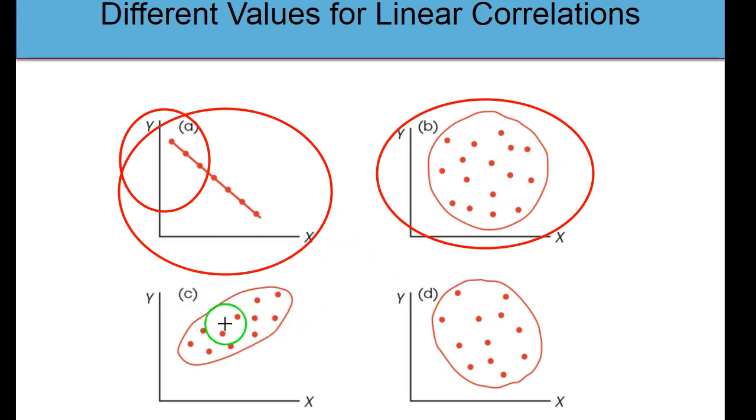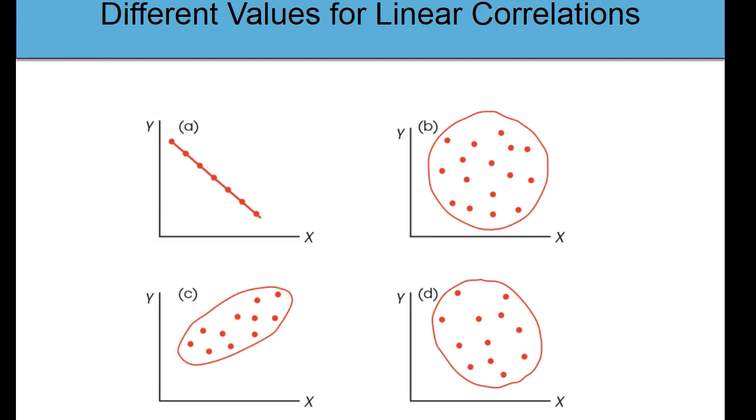And then in this correlation right here, this looks more like a football, so chances are we're going to have a relationship there, and it's positive, because if we were to draw a line through this, it's upwards.